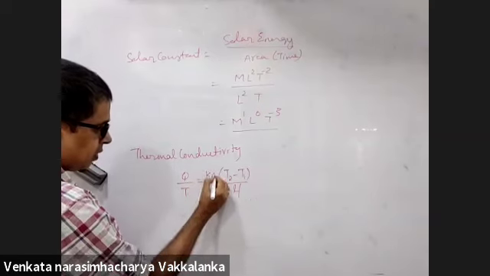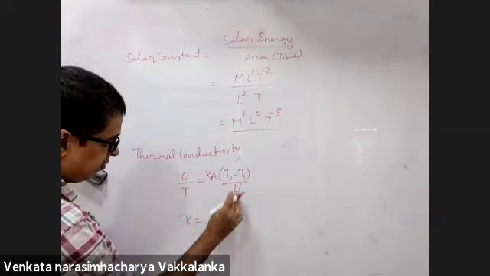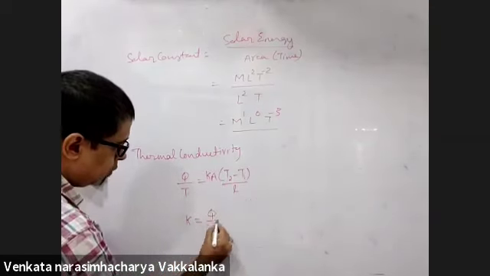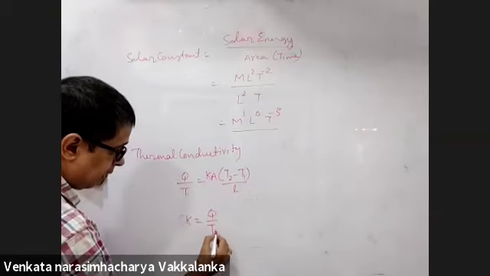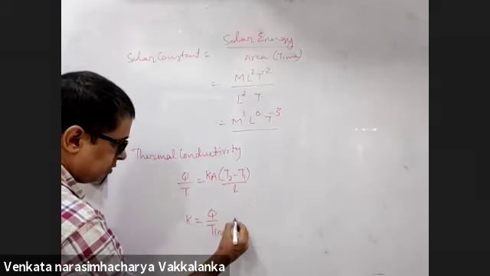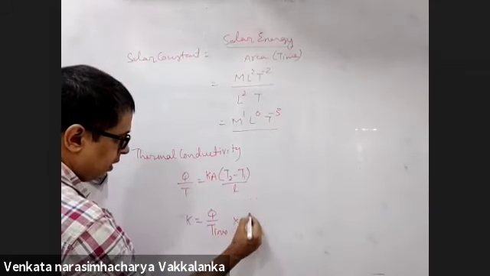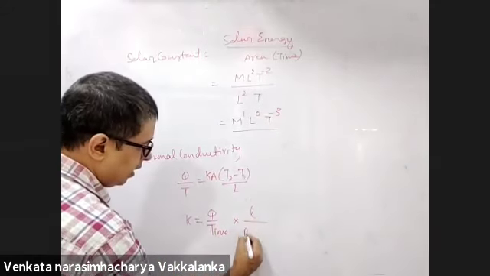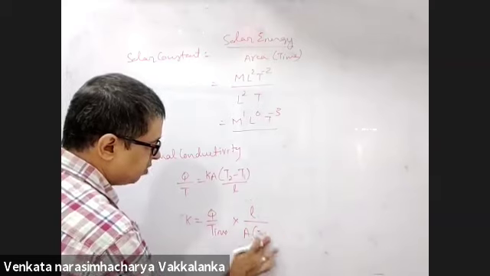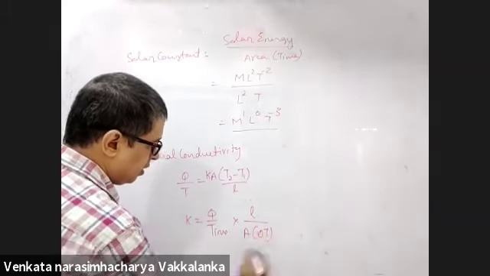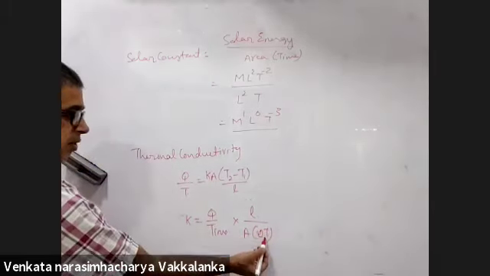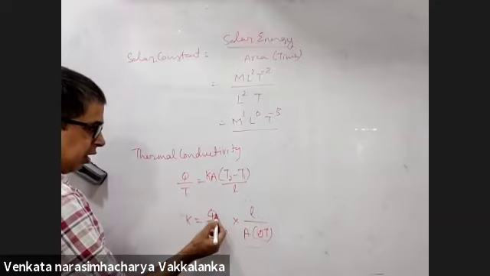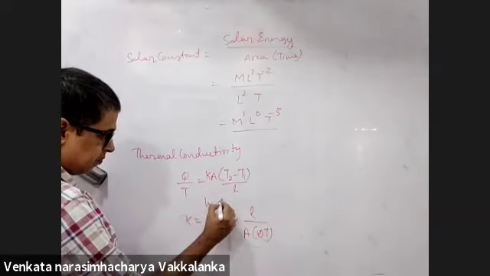Now thermal conductivity is Q by time. I'll write time so that you don't mess up with this. Q by time into L by A into T2 minus T1, the temperature difference, delta. This is time, this is temperature difference. Length, area, Q is heat.